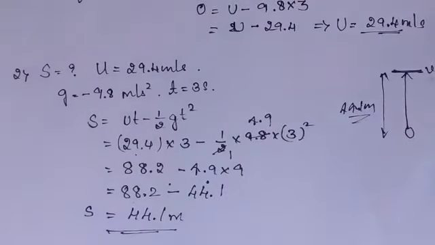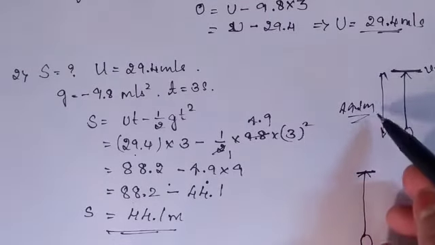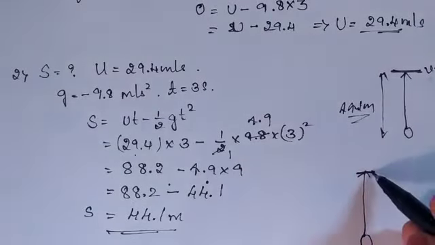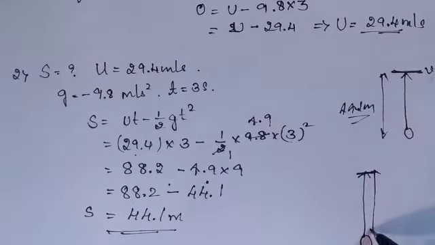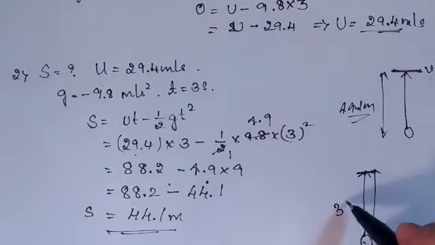Now let us go with the third one, that is its position after 4 seconds. Its position after 4 seconds means the ball which is thrown here reaches some maximum height, that is 44.1, and after reaching a certain height it again comes to the downwards position. Time to reach this position is 3 seconds.